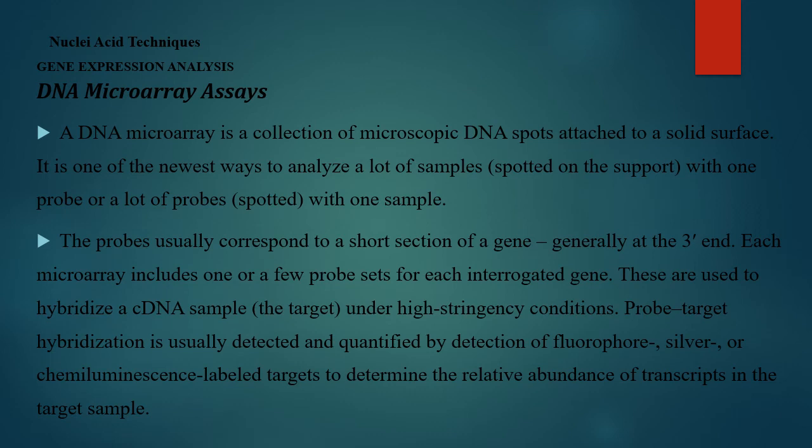Interrogated gene because we know what that gene does. These are used to hybridize to a cDNA sample, which is the target, under high stringency conditions. The probe-target hybridization is usually detected and quantified by detection of fluorophore, silver, or chemiluminescence labeled targets to determine the relative abundance of transcripts in that target sample.